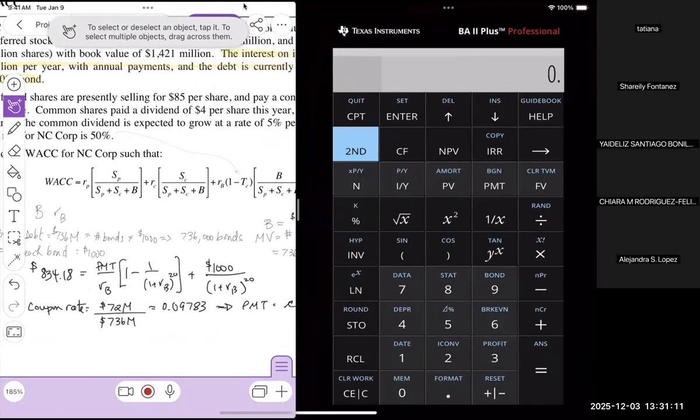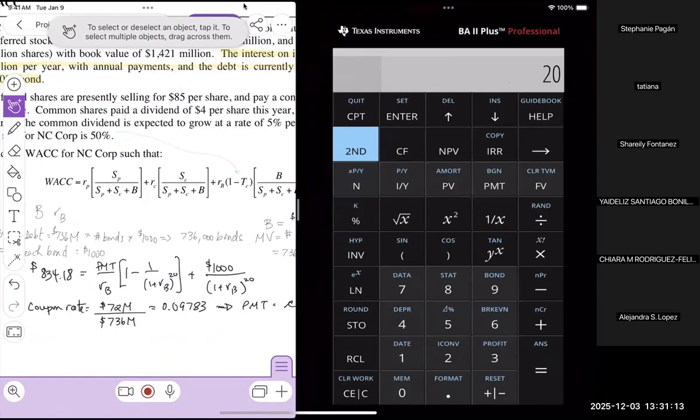So we're going to put in the calculator 20 years. Interest is what I want. I'm going to put the present value of $834.18. And then the payment is going to be positive 97.83.